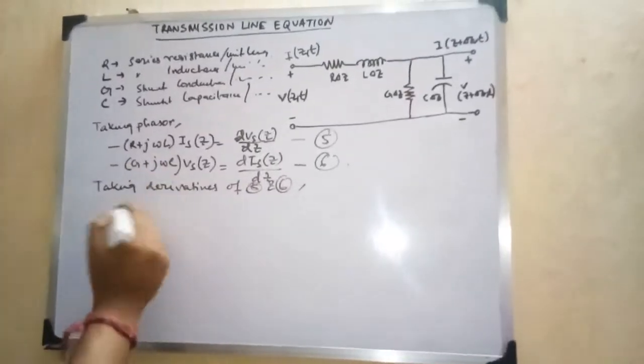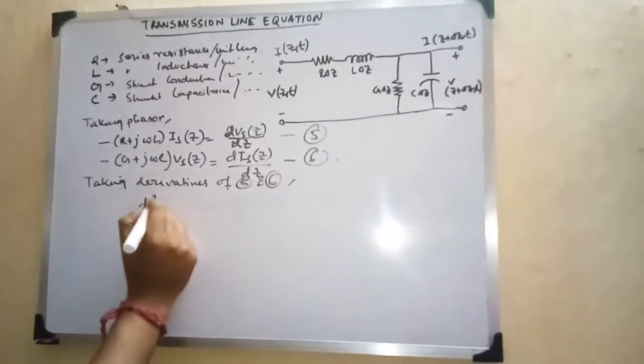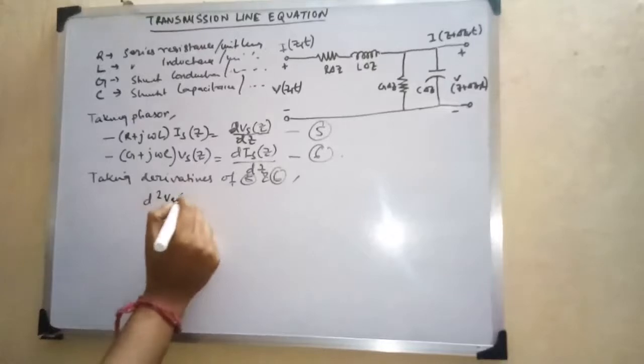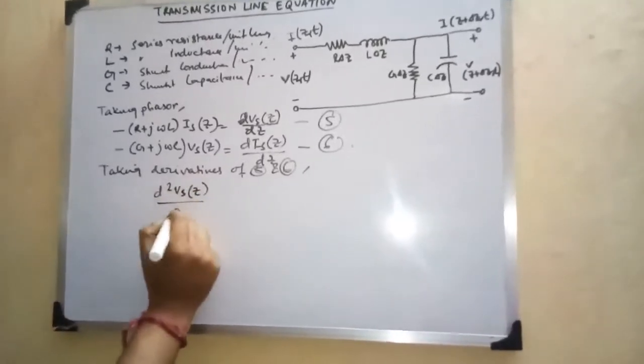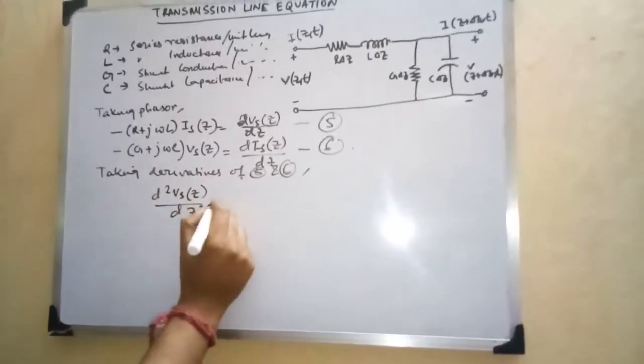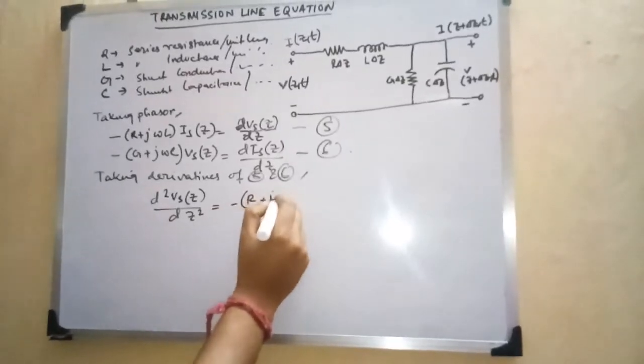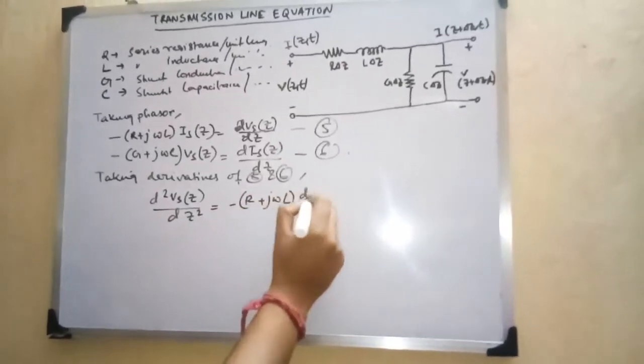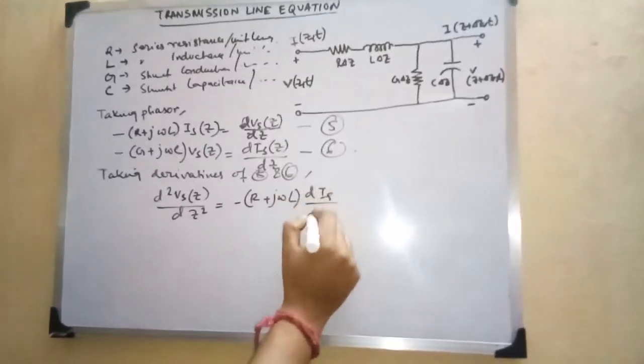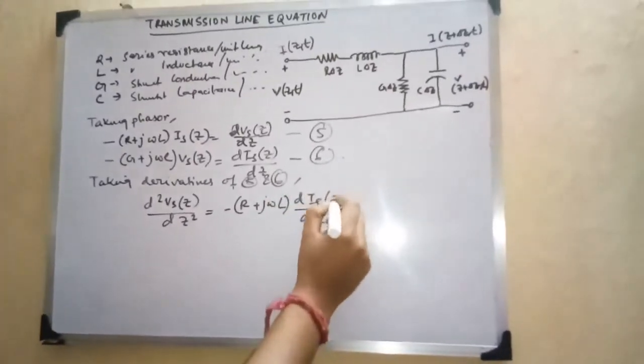So what will happen? It will come as d2V_s(z)/dz2 equals minus (R plus j omega L) dI_s/dz, and this is a function of z.